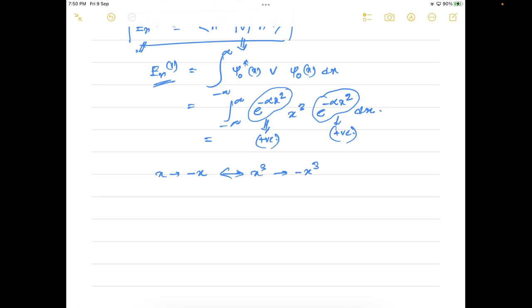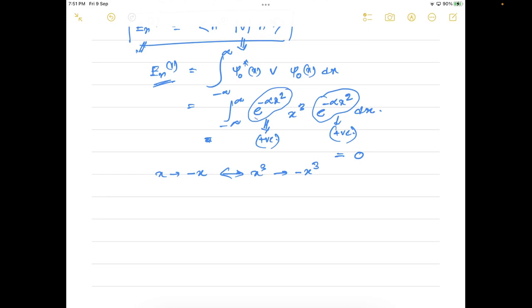Now when you are integrating from minus infinity to infinity, from x equal to 0 to infinity, there will be one value corresponding to this integration. Now from minus infinity to 0, when x is negative, all the expression will be the same, just the sign will be negative, right? So the total contribution to the integration from minus infinity to infinity will be 0. Why?